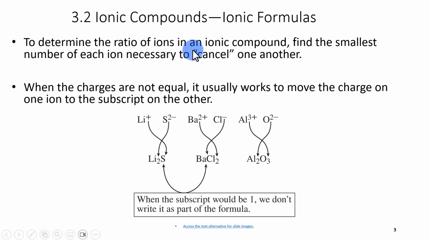To determine the ratio in an ionic compound, we find the smallest number of each ion that is necessary to cancel the other. Here's the easiest way to do it. If I'm taking lithium ion and sulfide anion, lithium is a +1. I don't write it, but it's implied that it's a 1. But sulfide is a 2-, so I have a 2, not a 1.